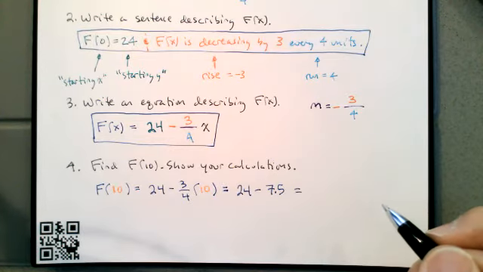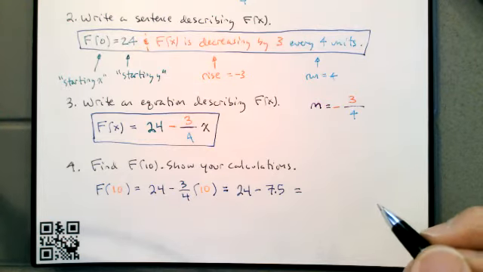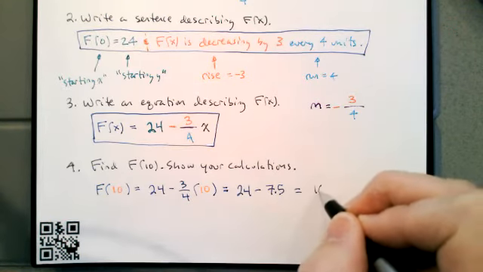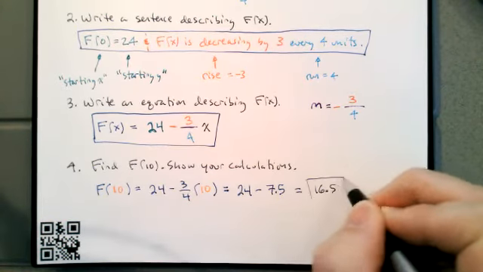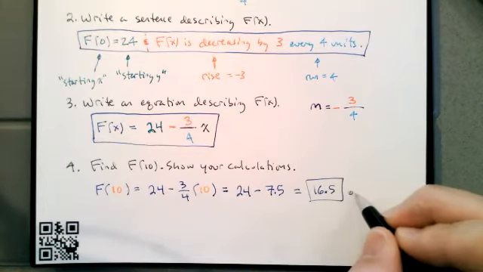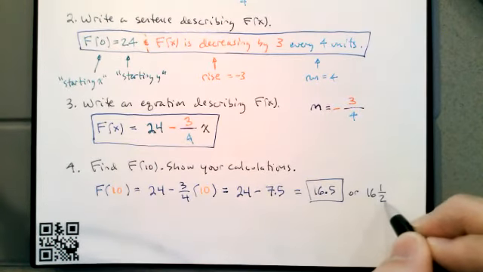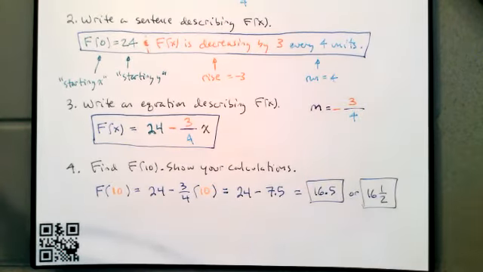We'll subtract 4 to get to 20, and then 3 more to get to 17. And then we'll take 17 and subtract 0.5 to end up at 16.5, or 16 and a half.